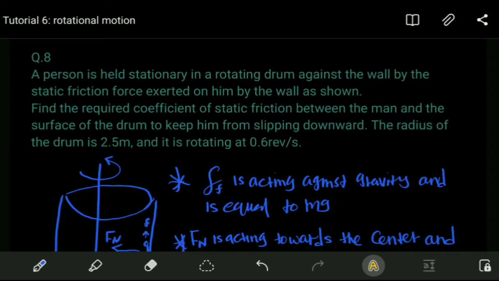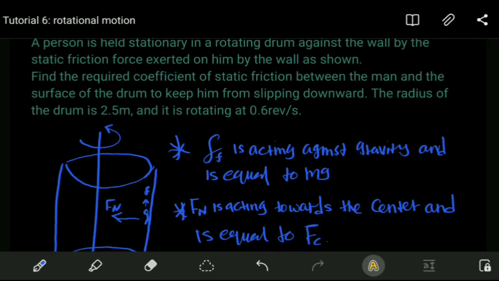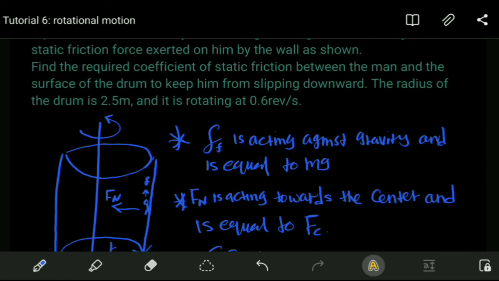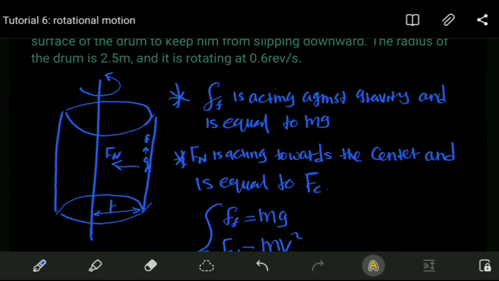Okay, question 8. Here we have this guy who is put in a drum, and the drum is actually rotating. So what's happening here is that this guy who is on the wall of this drum is held in position by forces. We have the friction force.